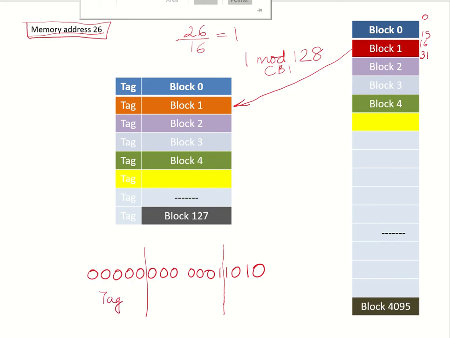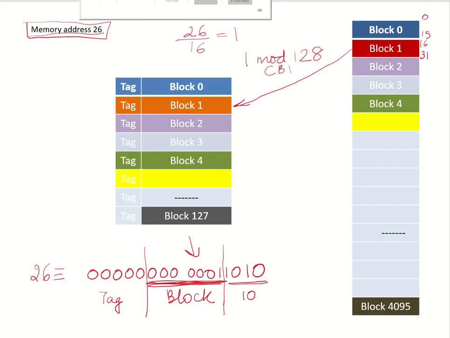If you can see over here, the 7 bits that are specifying the block clearly tell you that this address will be available in block 1 of the cache. This is giving you a value of 1. So if direct mapping is being used, 26 is available in block 1 of the cache. Within that block, this is the 10th word.